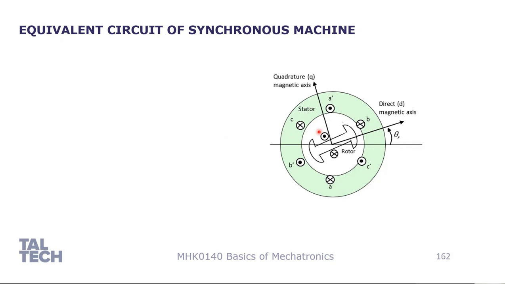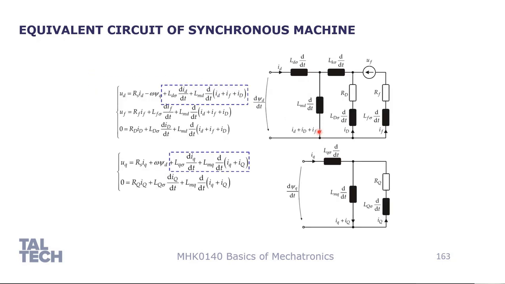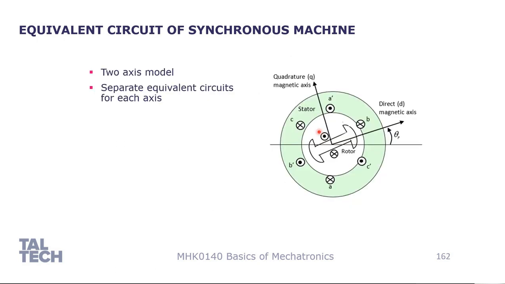But if we're talking about AC electrical machines, in AC electrical machines we have non-linear parameters, and this might be more complex. And all the equations are also complex. So for one example with a synchronous machine, we also use the two-axis model, the direct and quadratic, and the reason is exactly the same. This is one of the possible representations of the synchronous machine, or one of the possible types of synchronous machine.